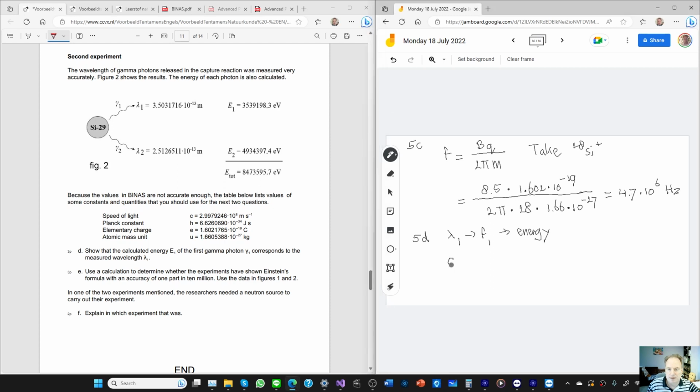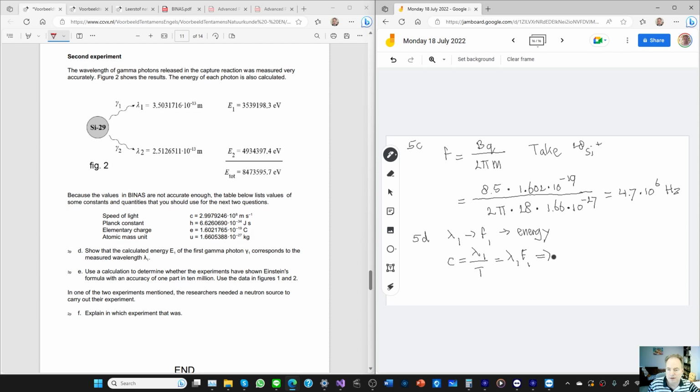So, I start with the speed of light is equal to the wavelength divided by the period, which is the wavelength times the frequency.